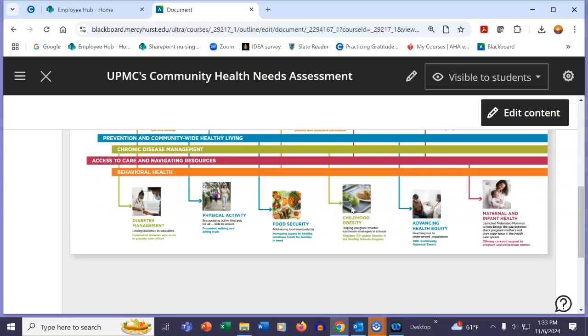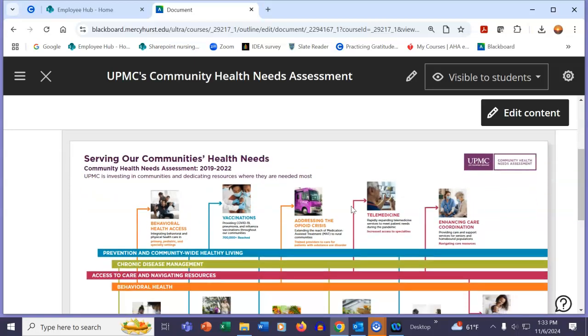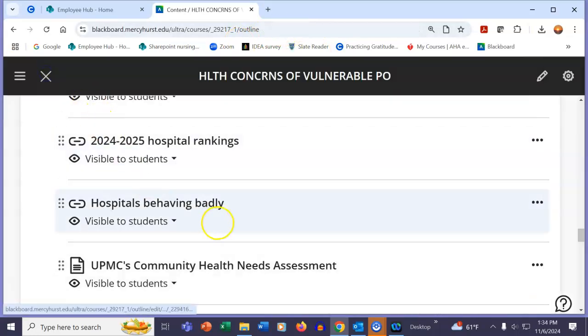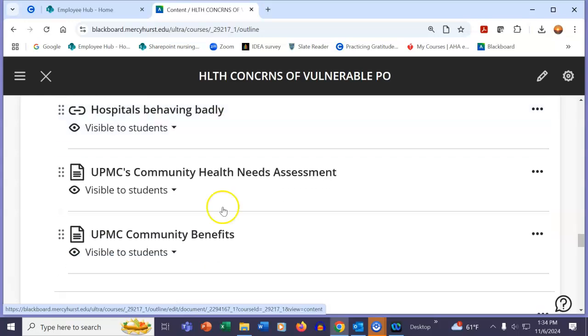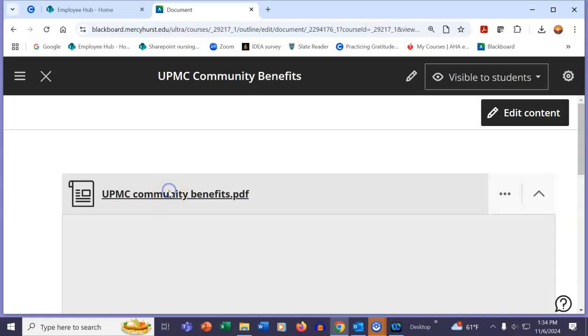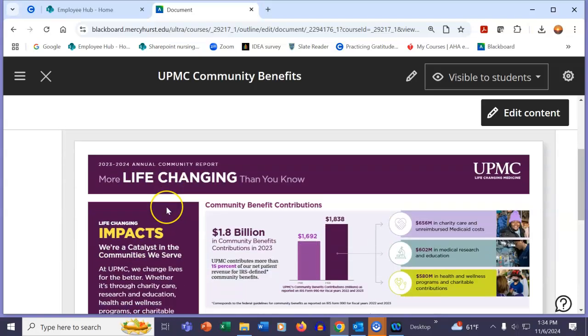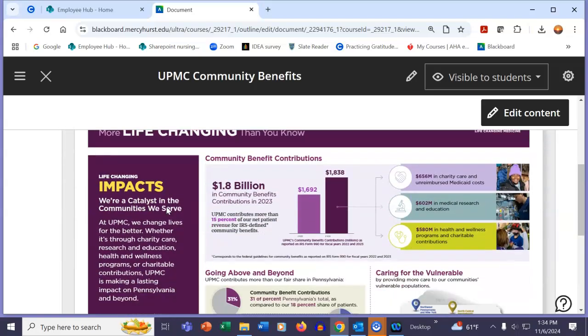So you can see they make it pretty, and it looks really good, and a lot of what they're doing is very good. So let's not downplay that. But let's also look at, that was their needs assessment, and just a real quick visual of UPMC's community benefits. They're telling you how much.